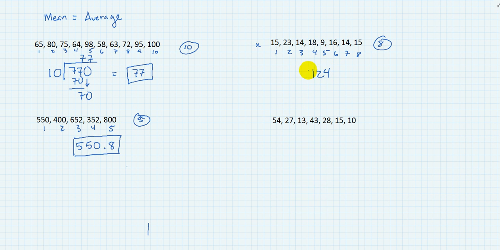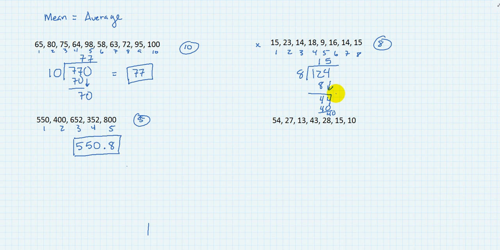Now in this problem, let's go ahead and do a little bit of review of long division. 8 goes into 12 one time, and 12 minus 8 is 4. I bring down the 4. Now let's see, 8 goes into 44 5 times, and we know 5 times 8 is 40.